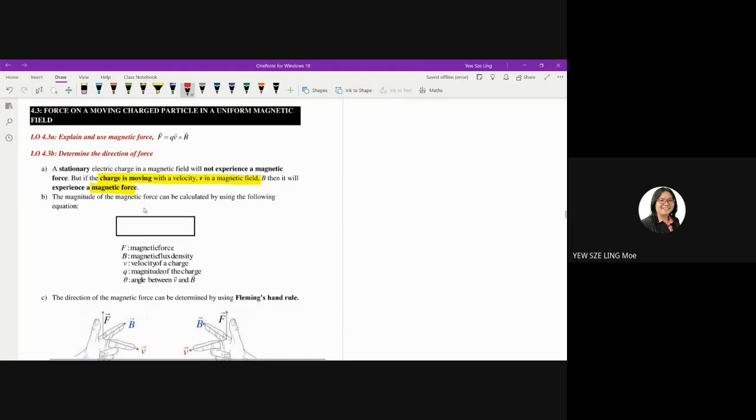Now I want you to write down the equations in 2 ways. Rather than 1 box, I want you to add 1 more box. Wait for me to write first, then you see how to write it. So in vector form, the equation is F with an arrow equals to Q V cross B. This is the equation in vector form, in a cross product.